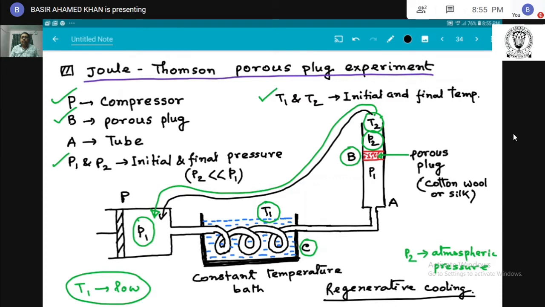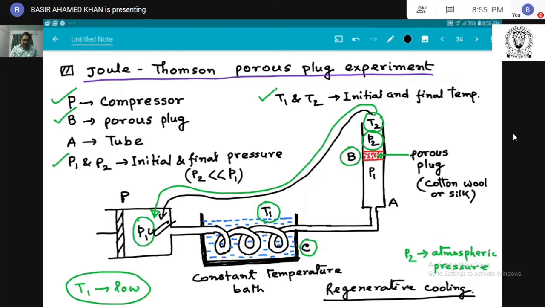Now we put the cooled gas again into the chamber and compress the cool gas again, and after expansion the temperature of the gas becomes cooler.